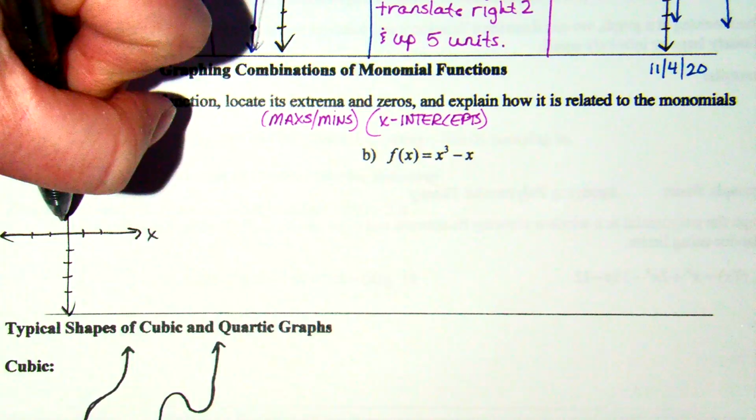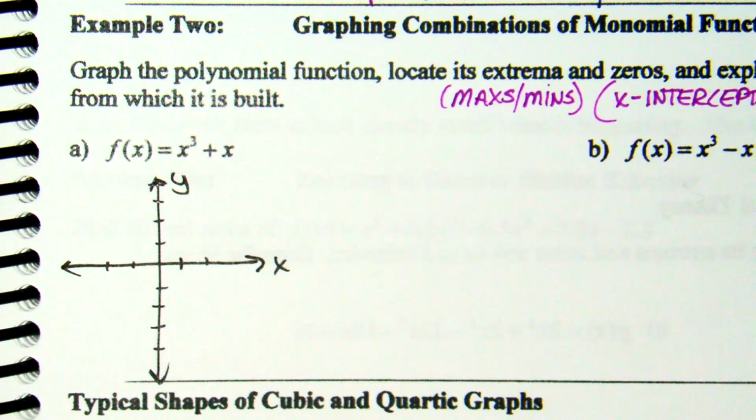I can zoom in so everyone can see better, virtual and present people. And virtually you have to speak up if something is going astray, but hopefully you can see decently there. X cubed plus x, if we put in 0, what's 0 cubed plus 0? 0. So we have the ordered pair 0, 0.